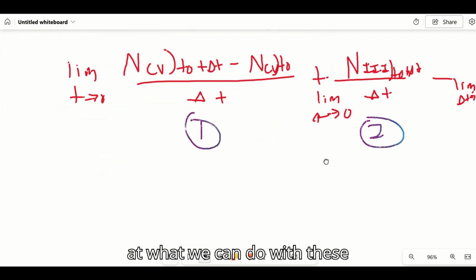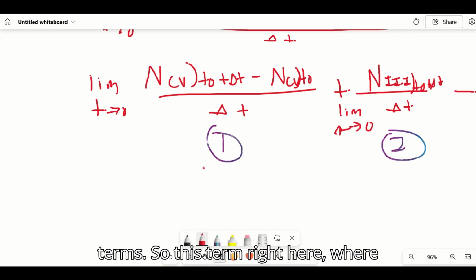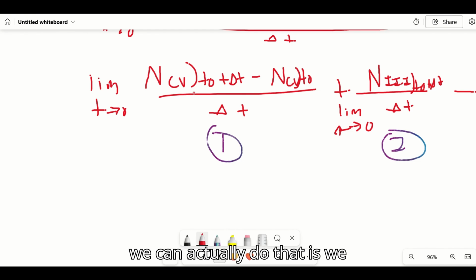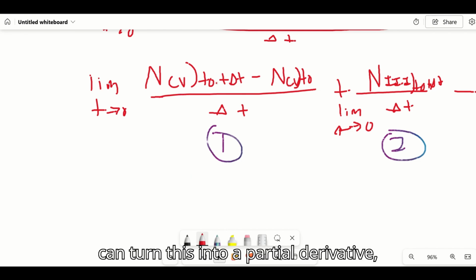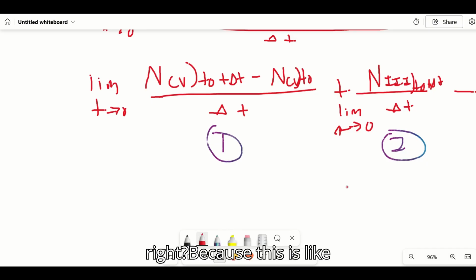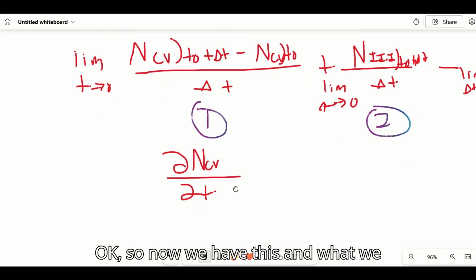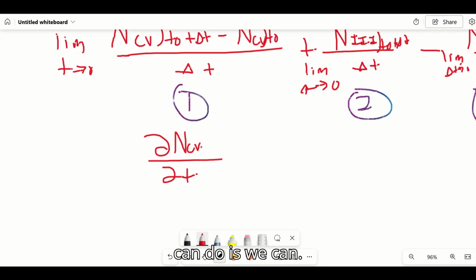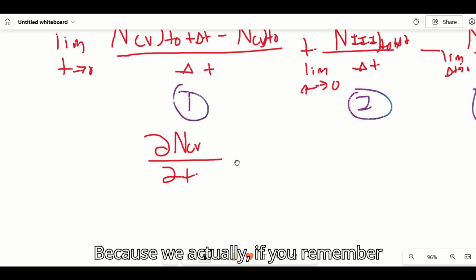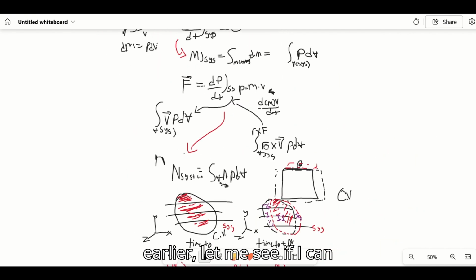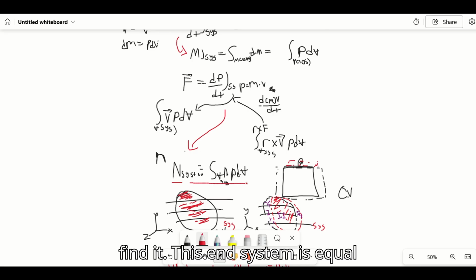Let's take a look at what we can do with these terms. So this term right here, what we can actually do with it is turn this into a partial derivative, right? Because this is perfectly set up in the form of a derivative. Okay, so now we have this, and if you remember earlier, this N system is equal to that, right?